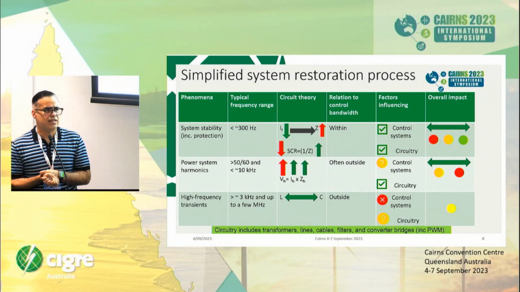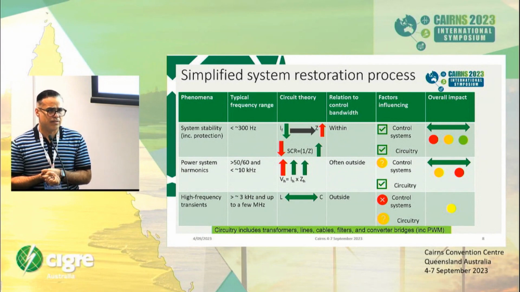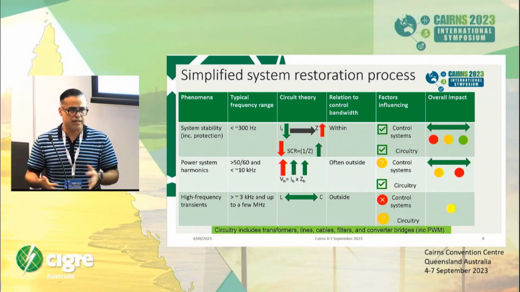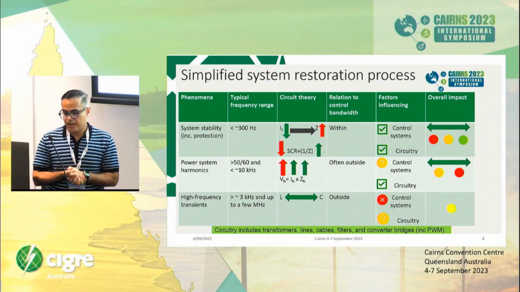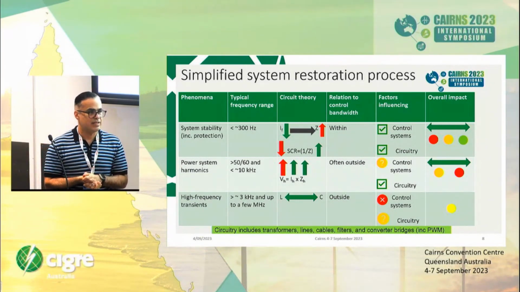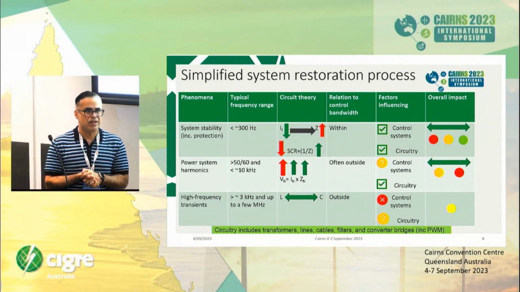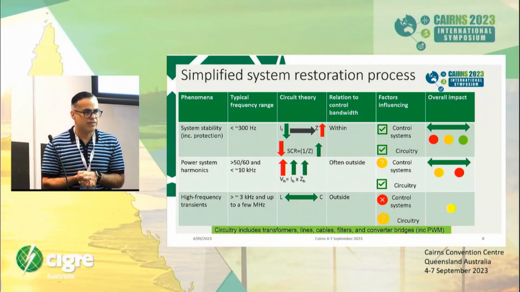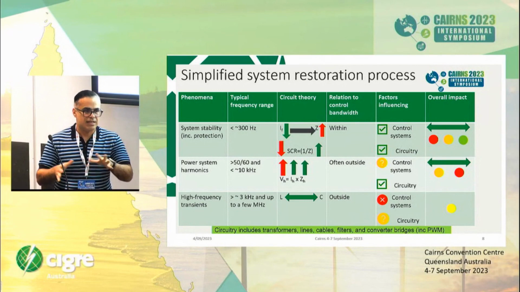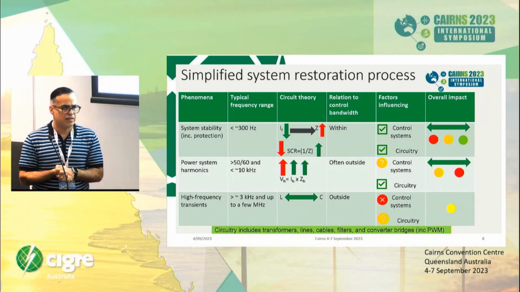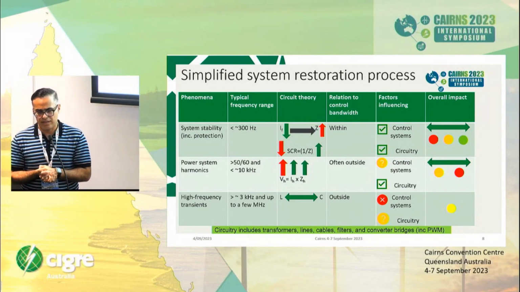If we have an interconnected power system, the types of studies that we are carrying out are primarily on system stability. These are typically lower frequency phenomena. My book is that anything under 300 hertz, you might say even under 50 hertz, depending on the bandwidth of the control system.